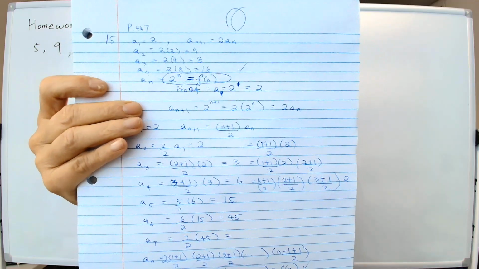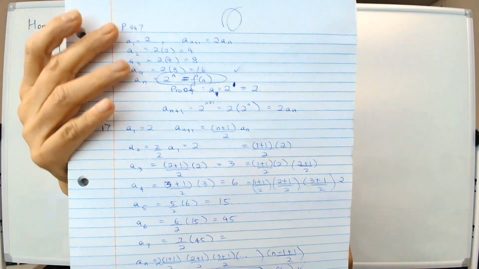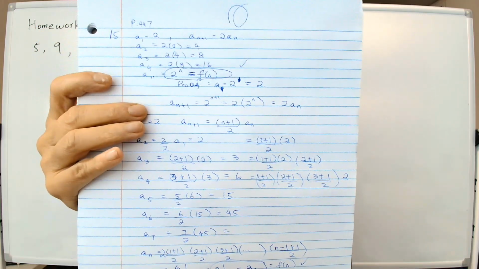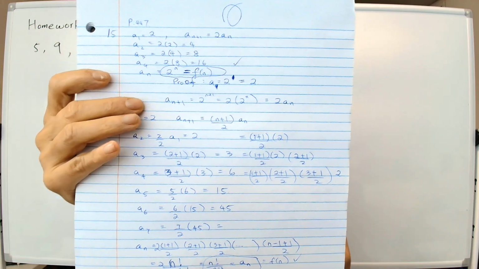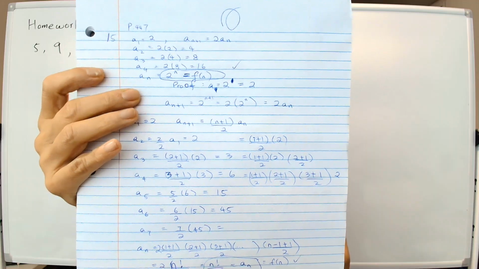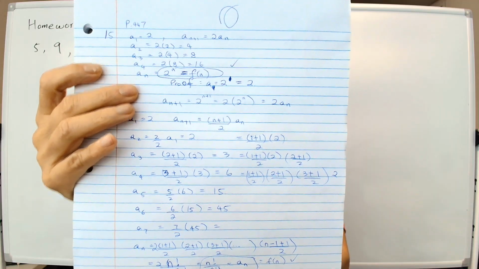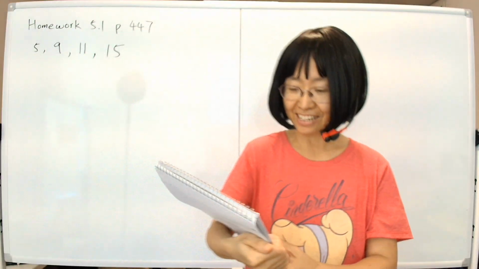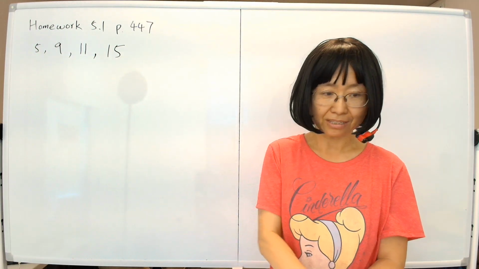But we can prove it by plugging it into the original formula to see if it satisfies it. So a_{n+1}, we plug it into our formula, and does it fit that formula? It does, and therefore it is the right answer. And that is, our guess is correct.